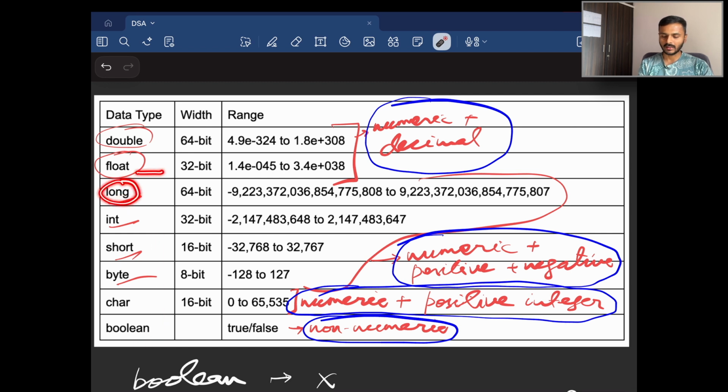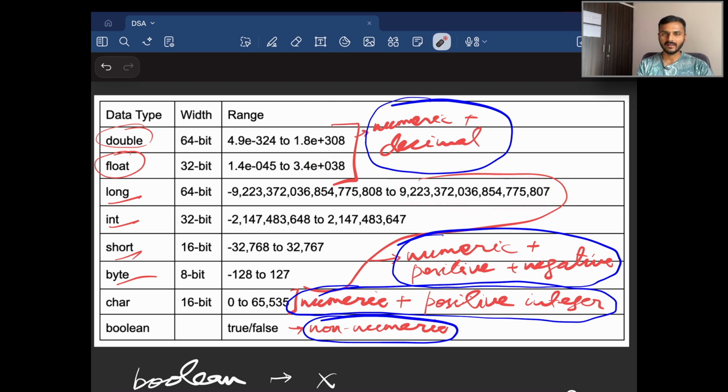Now, is long compatible with float and double? Yes, because if I take this number and we count the number of digits, we have got a total of 3, 6, 9, 12, 15, 18, and 19 digits. But the maximum number that float can store is 3.4 multiplied with 10 to the power 38, which is way more than the maximum value of long.